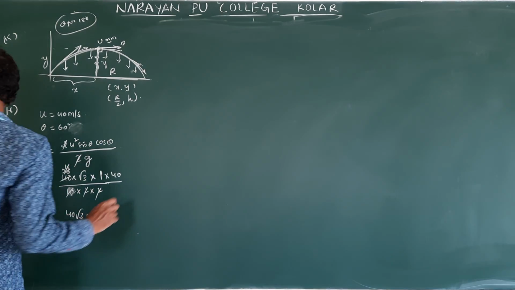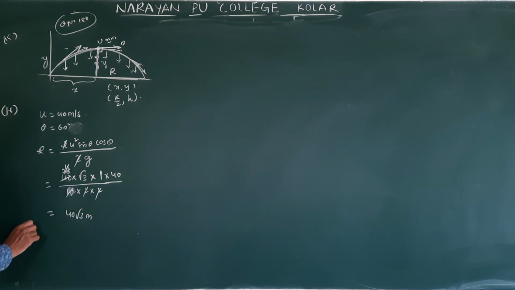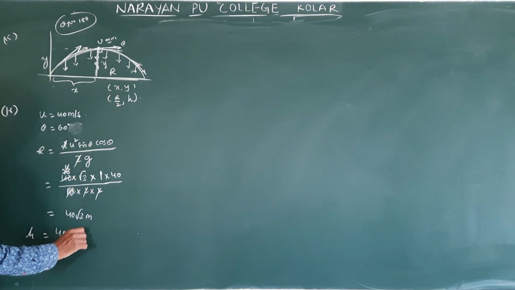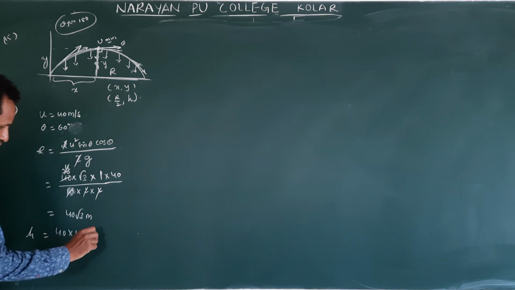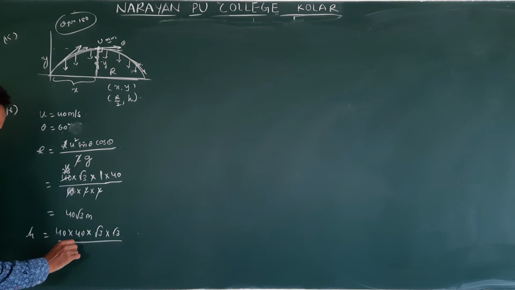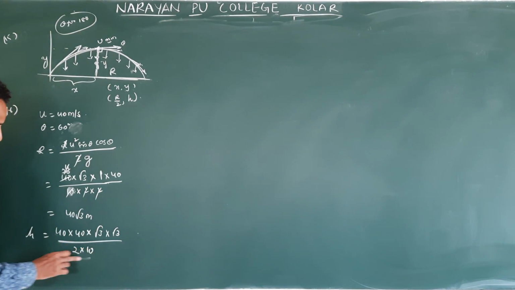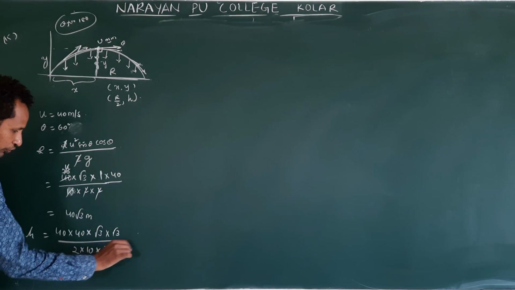We got R. Next come to H. H is equal to u square sin square theta by 2g. U square is 40 into 40, sin square theta, sin 60 is root 3 by 2 squared, over 2g, which is 2 into 10.